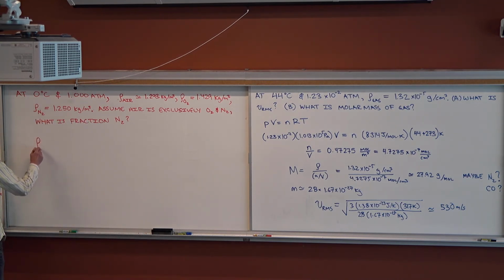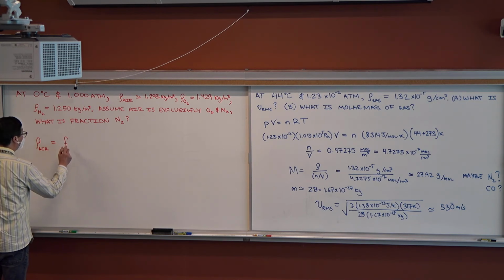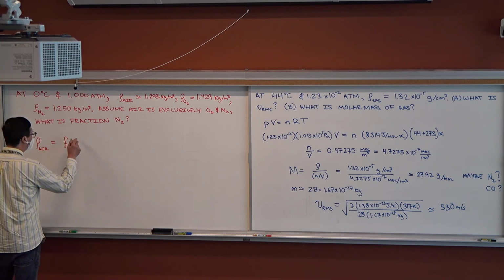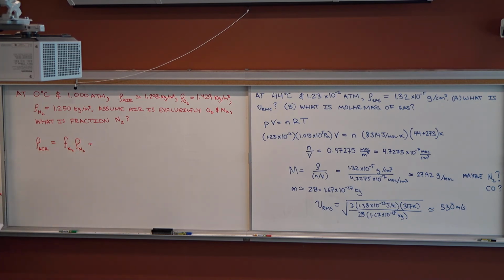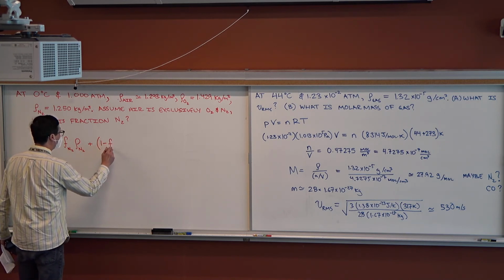I might set this up as the overall density of air is some fraction, I'll call it Fn2, of rho n2 plus, well, if these are the only two things that make up air, and again, they're not, what's the fraction that makes up oxygen? How about 1 minus Fn2?